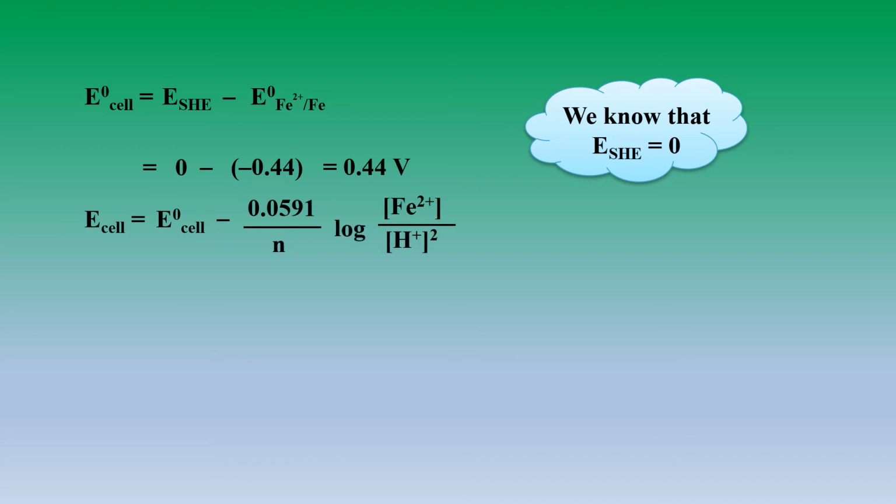E cell is equal to E naught of cell minus 0.0591 divided by n log of Fe2+ divided by H+ to the power 2. So this is the formula.